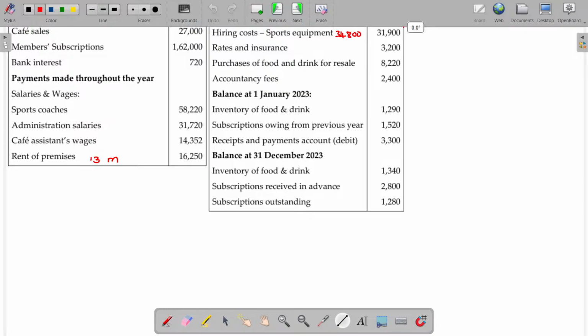Let me prepare all the ledger accounts here. Now, subscription account.